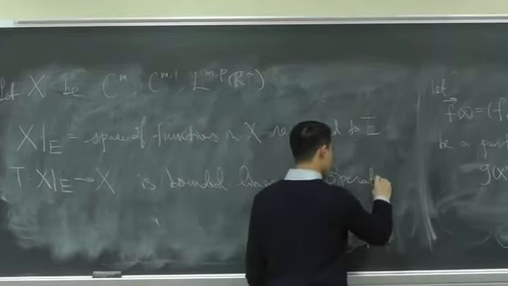Okay. So the set E, if it's arbitrary, this sum you have to make sense of it. So to make sense of it, you don't want to have too many non-zero coefficients in front of it.